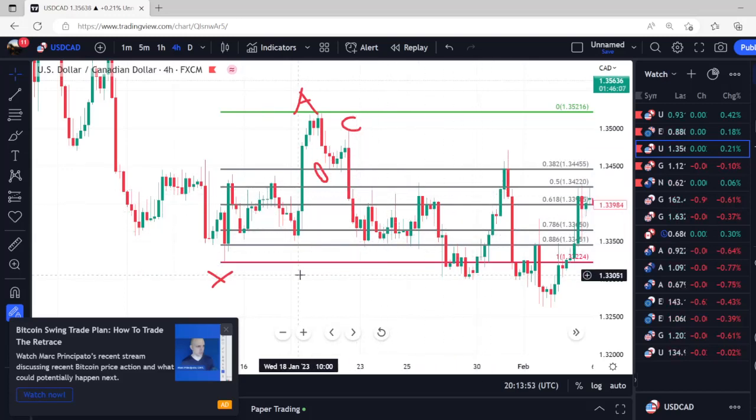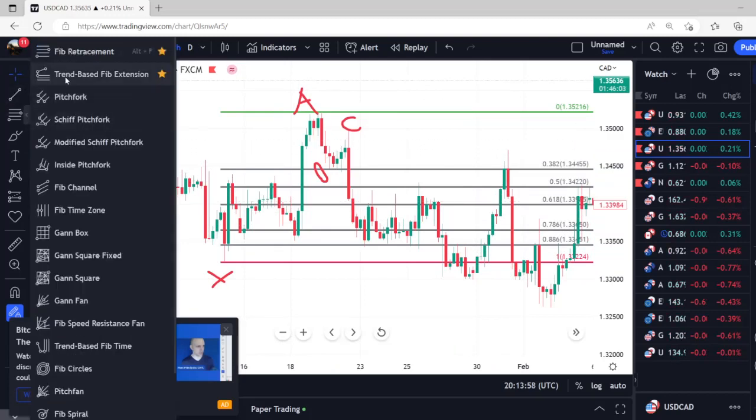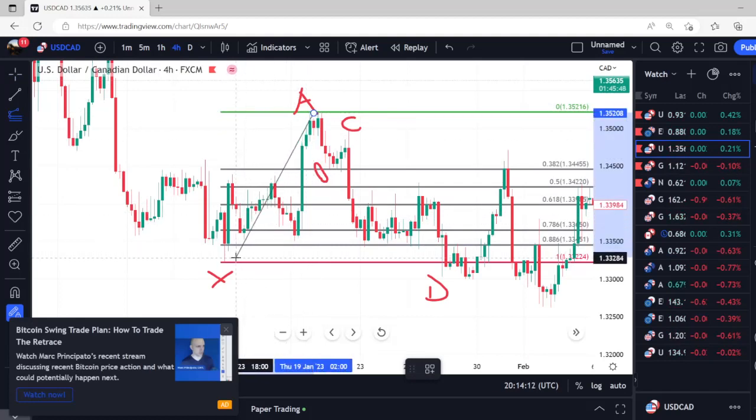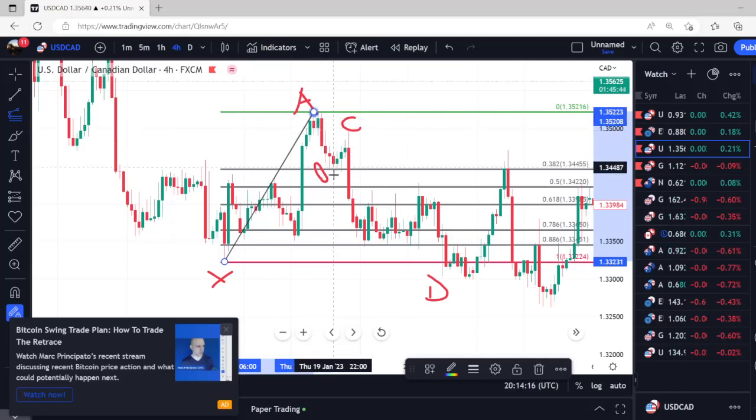Now what we need to do is grab the fib extension. So this is our D somewhere here. We'll measure from A to X back to A. We are looking for where our 1.13 is at, which is where we need to start looking to take our sell position or buy position.